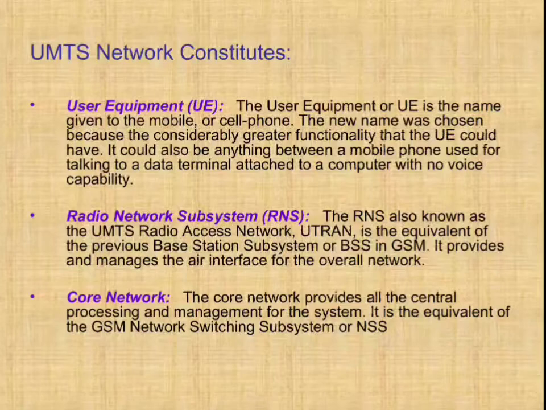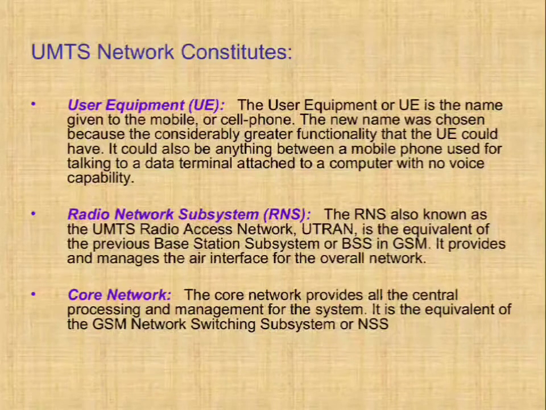and it provides and manages the air interface for the overall network. The third one is the core network. The core network provides all the central processing and management for the system. It is the equivalent of the GSM network switching subsystem or NSS, that is network switching system. The core network interfaces to external networks including the public phone network and other cellular telecommunication networks.